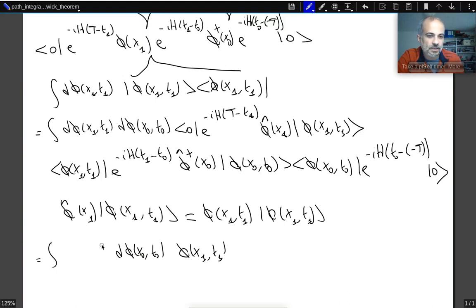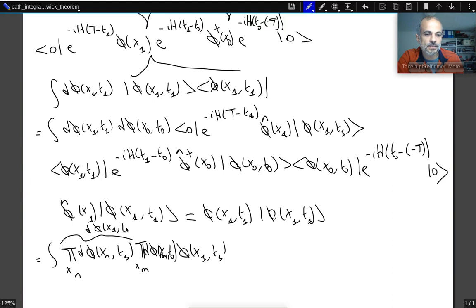Or in fact let me write it out explicitly. This is d phi xn t1 over all values of xn, and then I have d phi xm t0 over all values of xm. So this is what I actually wrote as d phi x1 t1. So let's continue.